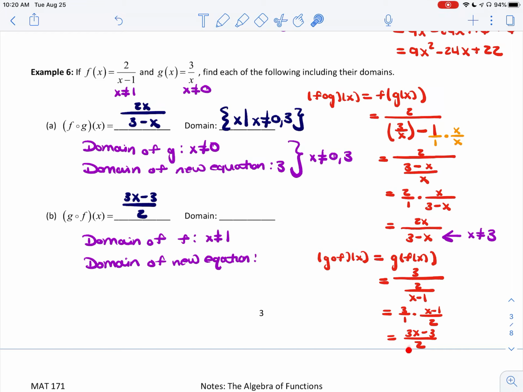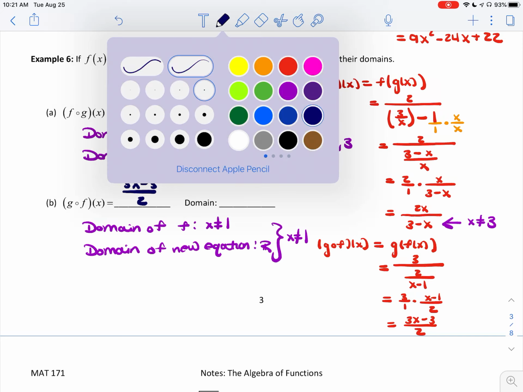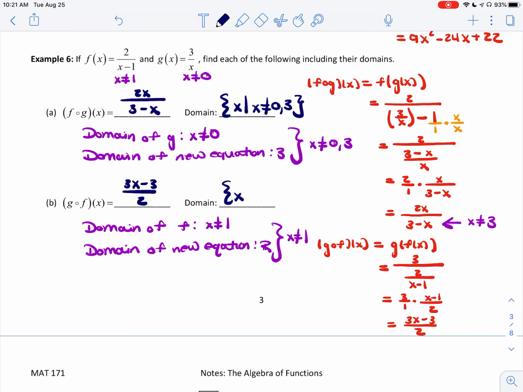So since there's no variable down there, we know that a 2 can never equal 0, which means there's no domain restrictions that come along with this new equation. So that is simply all reals. All right, so looking at both of those restrictions together, all we have is that x cannot equal 1. So our domain in set notation, set of all x values such that x cannot equal 1.